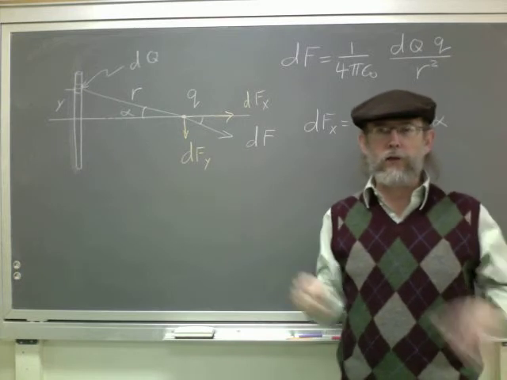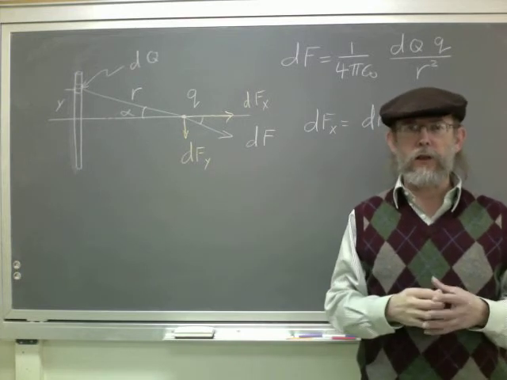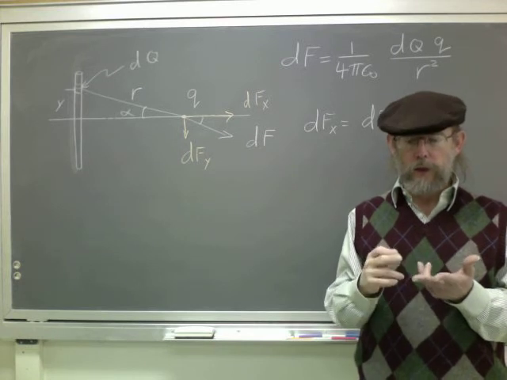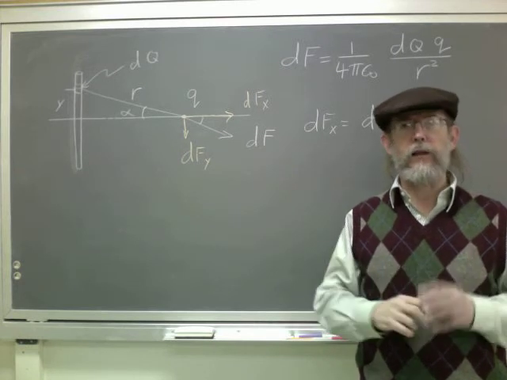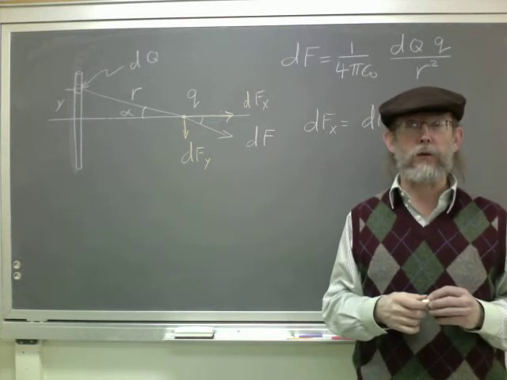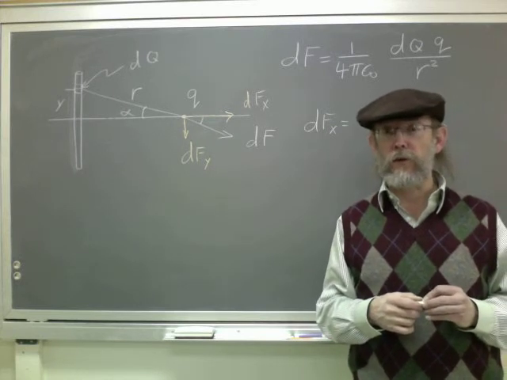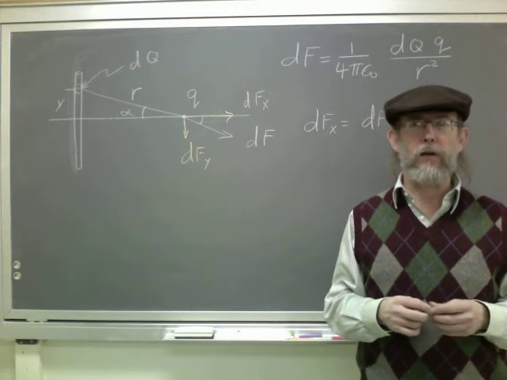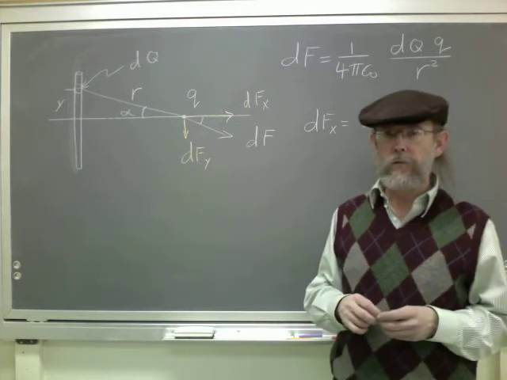So if I were going to try to do some kind of an integration at this point, I would be integrating over the variables q and r and alpha. And that's going to be a problem because you don't know how to integrate over multiple variables. Multivariable calculus is not on your slates, at least for most of you.